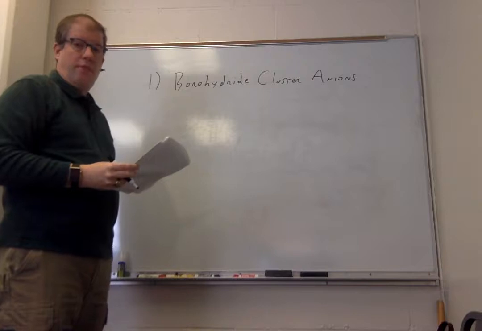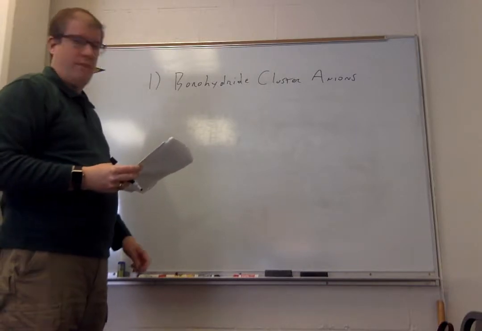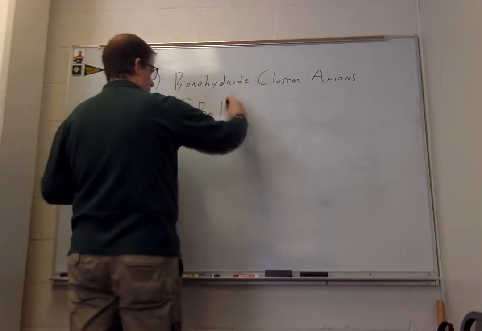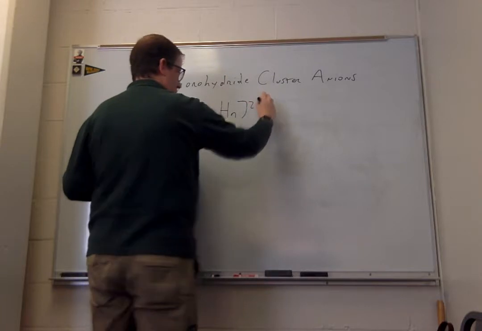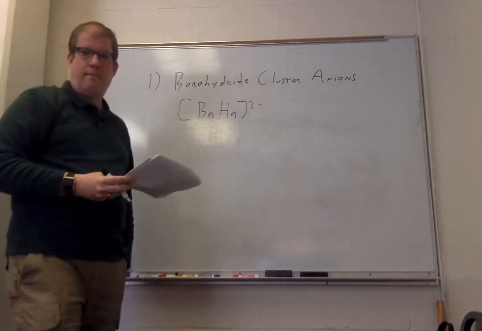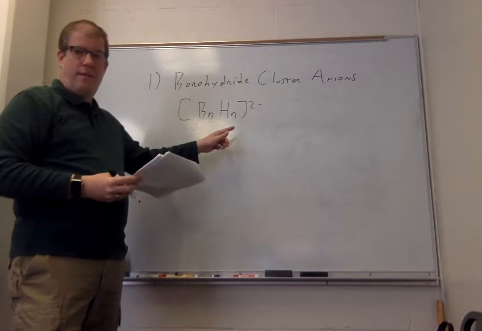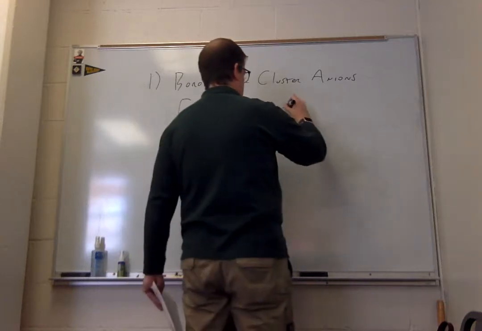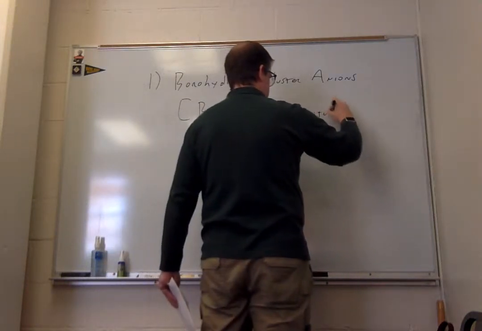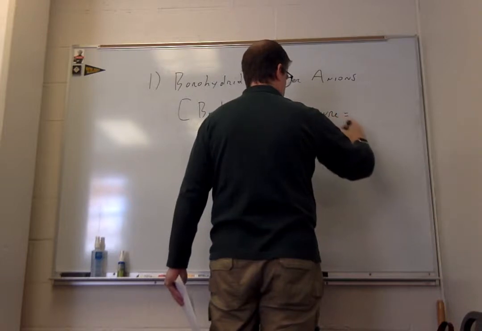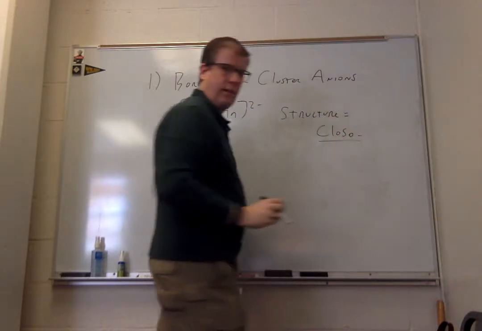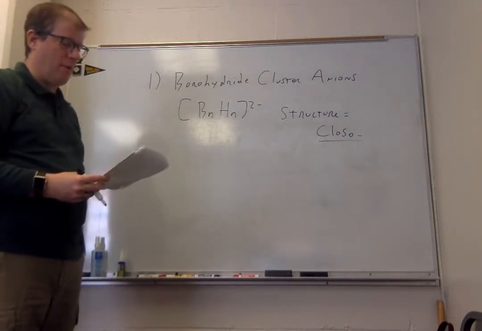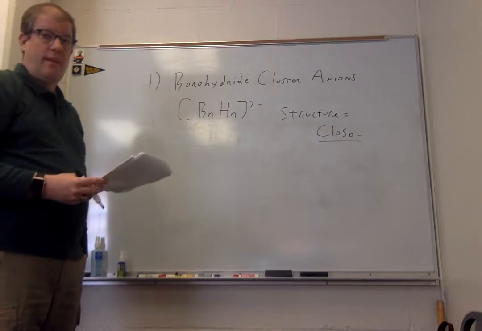Once again, these will always have the formula as shown here, B n H n 2 minus. All right? If you see that, you automatically know that this structure is closo, and that's normally written in italics, but again, that's a semantic thing we won't worry about. What does this thing look like?